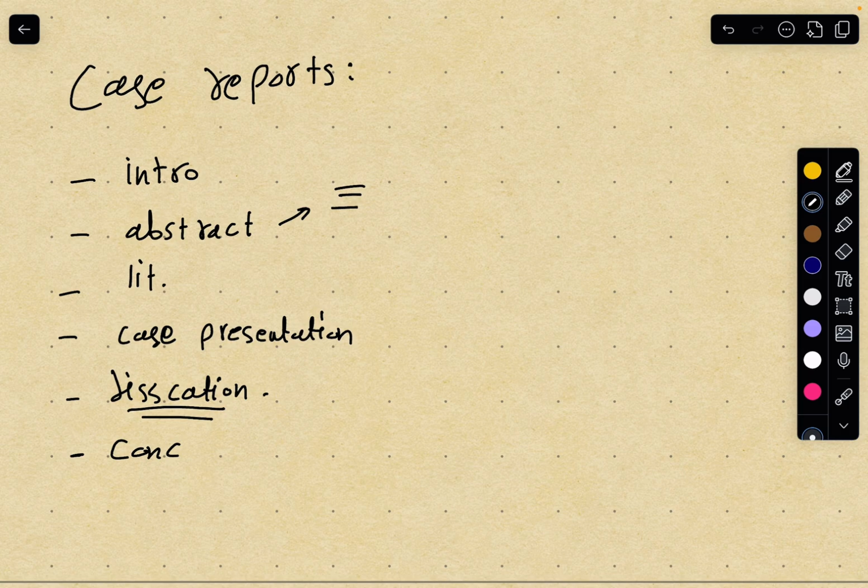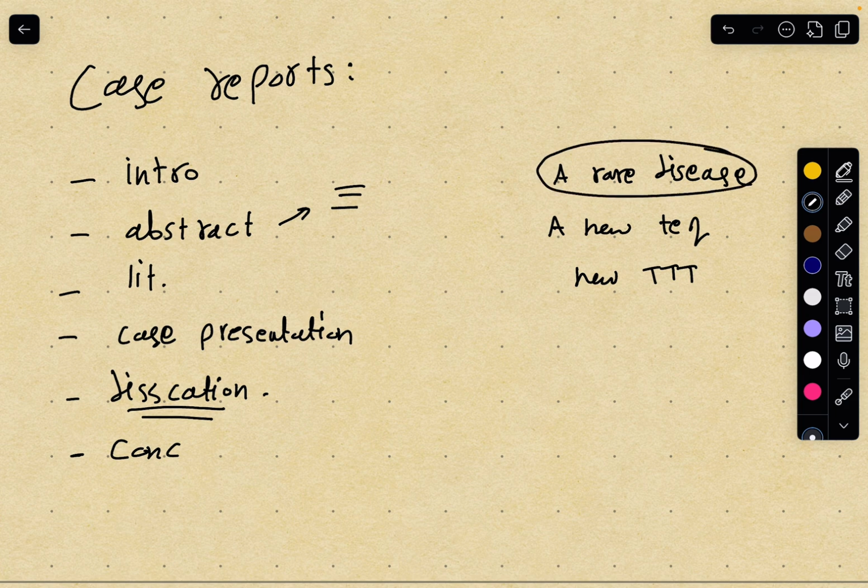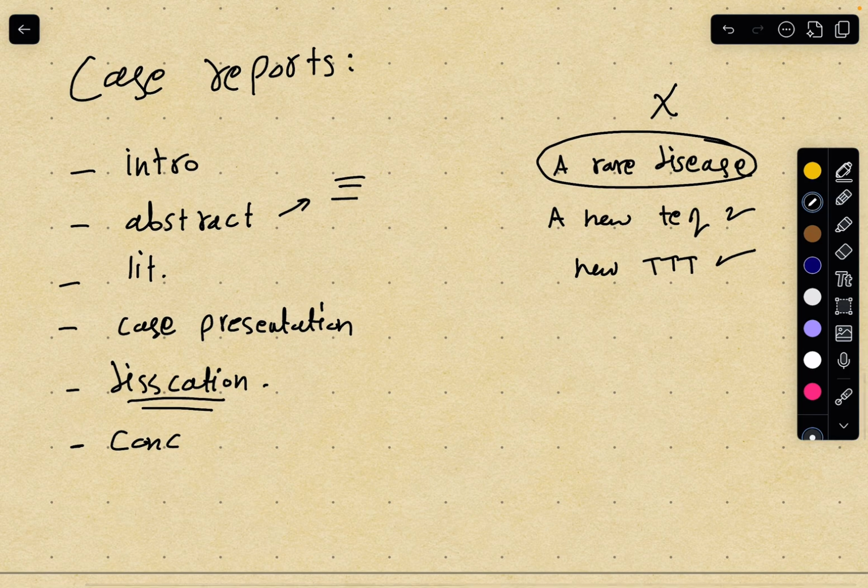So a case report can be many things: a rare disease, a new technique, a new treatment. People mistake case reports as only rare cases, which is wrong. It can be a new technique, a new treatment that worked for someone, and you're reporting that. What else? An anomaly.